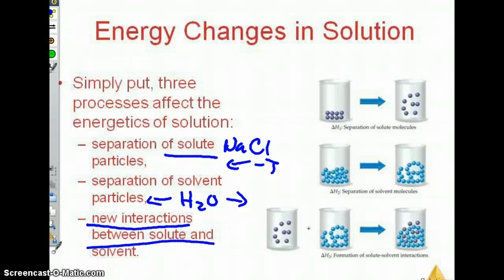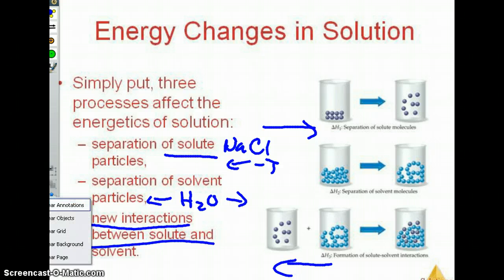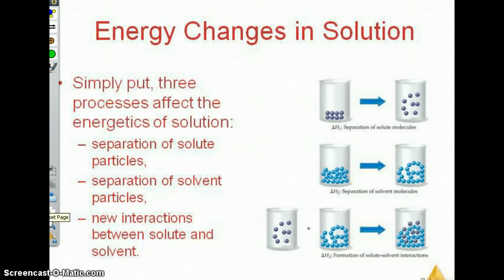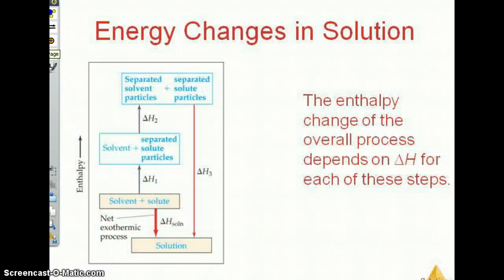Okay? And of course, this would be an endothermic or an exothermic process is going to depend on how much energy did it take to separate anything versus how much energy is given off when the new attractions happen. All right, and the enthalpy change for the whole process is going to depend on the delta H for each of the steps.